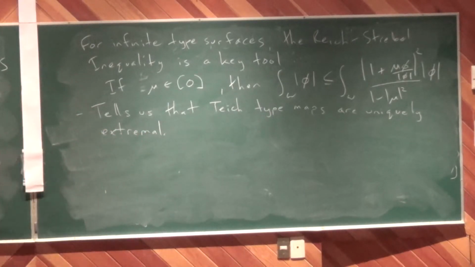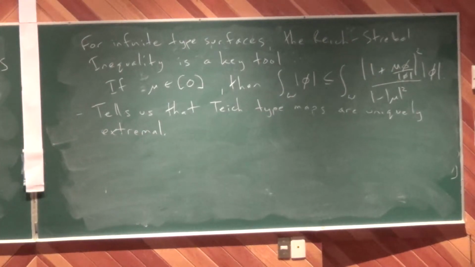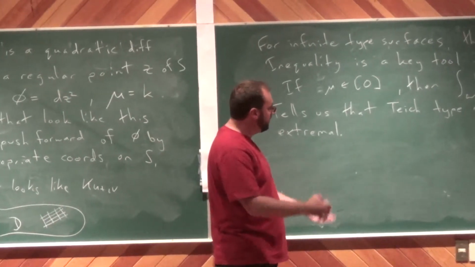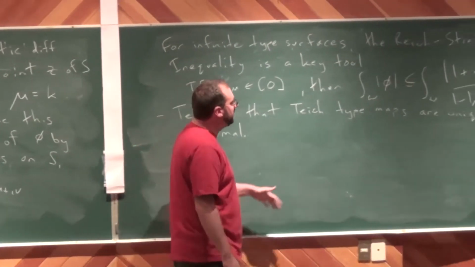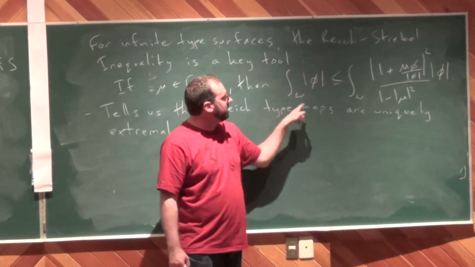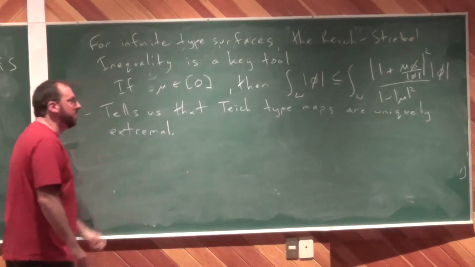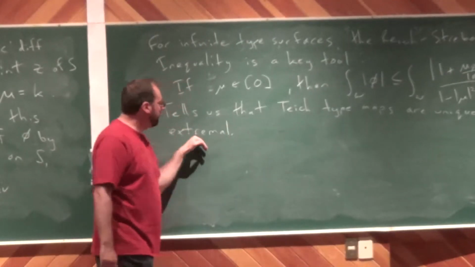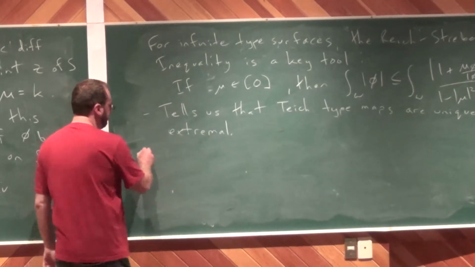So this extends Teichmüller type maps being good to infinite type surfaces. I guess the key point here is that in the definition of Teichmüller type maps, we need that our corresponding phi is L1 integrable, so this thing is finite. And that need not happen. If we do have a Teichmüller type map, it's good, they're uniquely extremal.